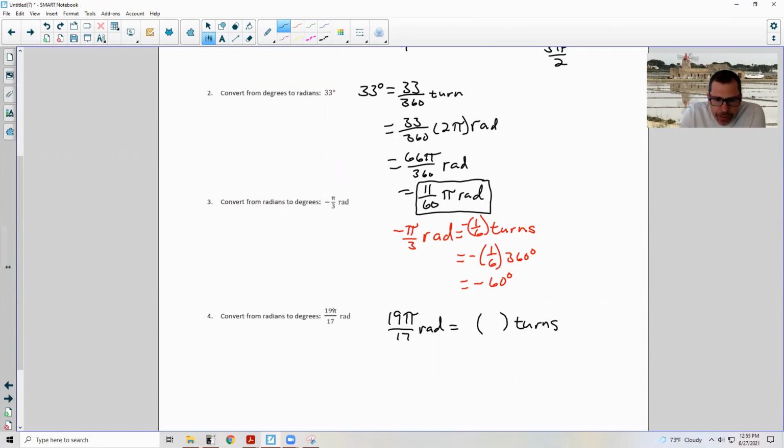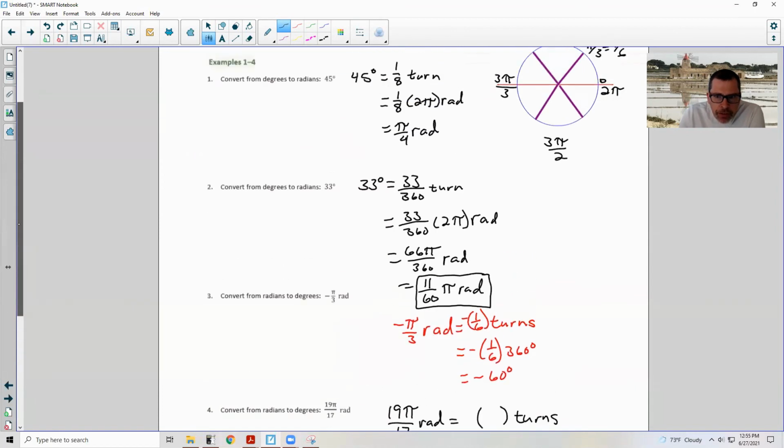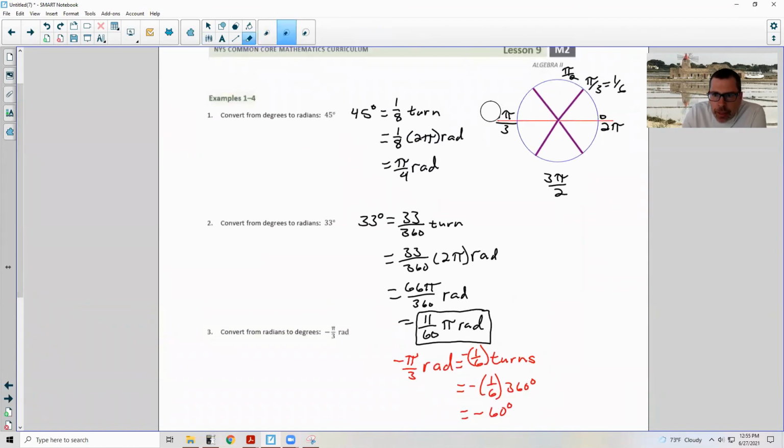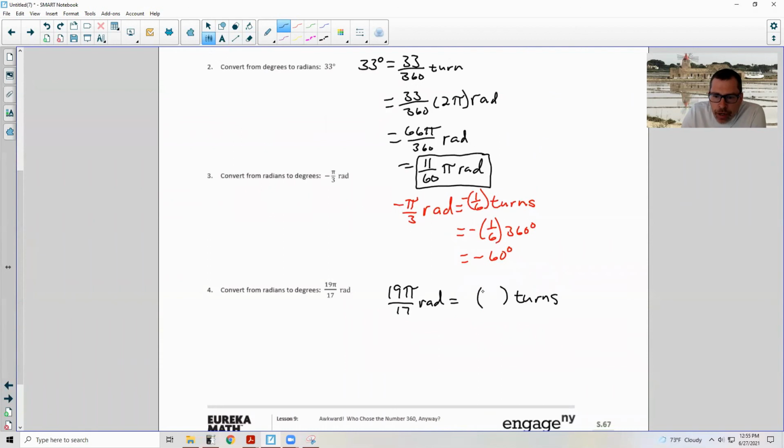So you see that pi right there? Keep in mind that in this circle up here, that was right here, pi, not 3 pi over 3, which is the same, but pi. Pi is a half a turn, is it not? So how about we just say this? You take that 19 over 17 and represent this pi as a half a turn. That makes sense? And so that is going to equal 19 over 17 times 2, which is 34.